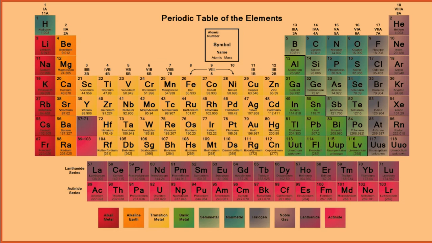F block elements are the ones on the bottom right here. The f block contains the inner transition metals. The f block elements are characterized by a filled or partially filled outermost s orbital and filled or partially filled 4f and 5f orbitals.